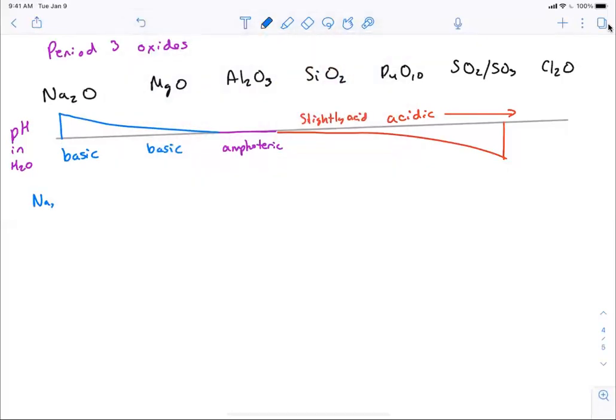You have to know that Na2O plus water produces NaOH. And you have to know that MgO plus water yields Mg(OH)2.